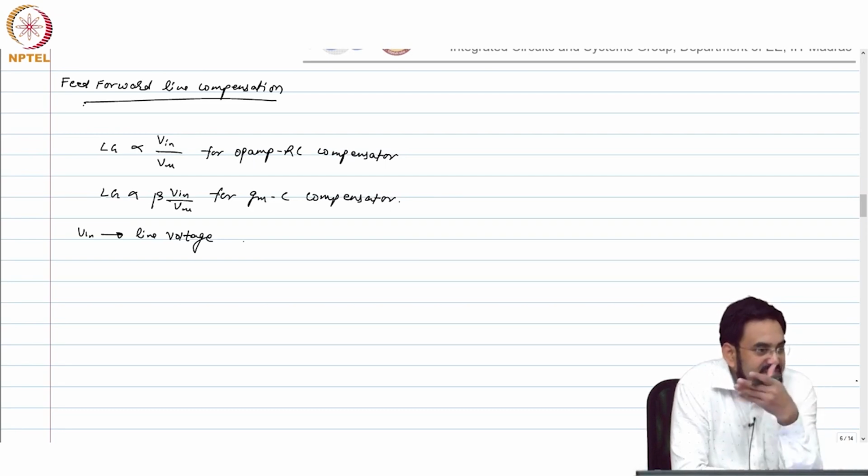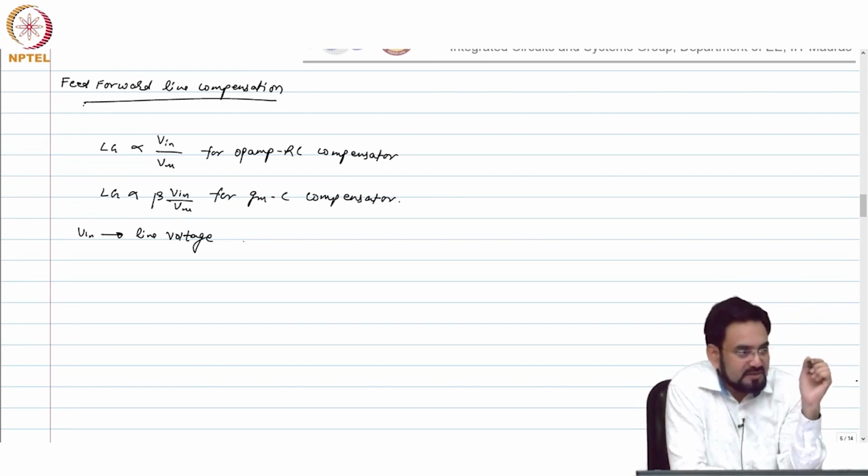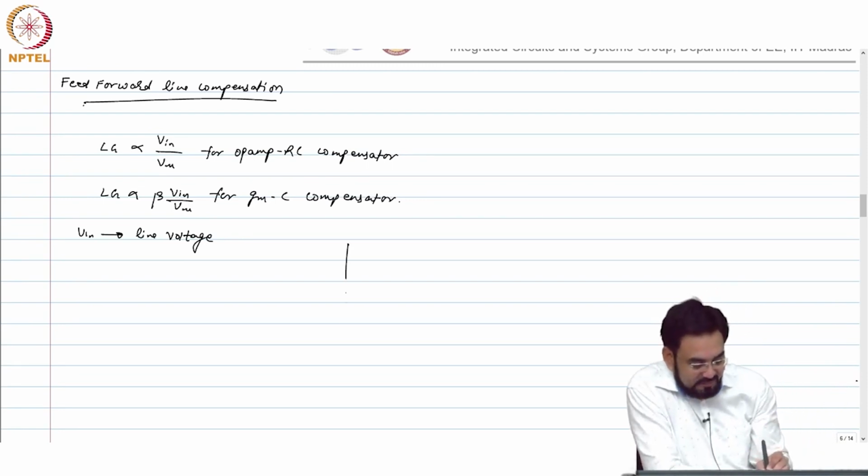Omega UGB will be shifted by 2x. Say you have designed the phase margin, let us say 60 degrees or 55 degrees, at 100 kilohertz, and now your UGB has shifted to 200 kilohertz. If you remember, your phase was dropping in a curvature kind of behavior.